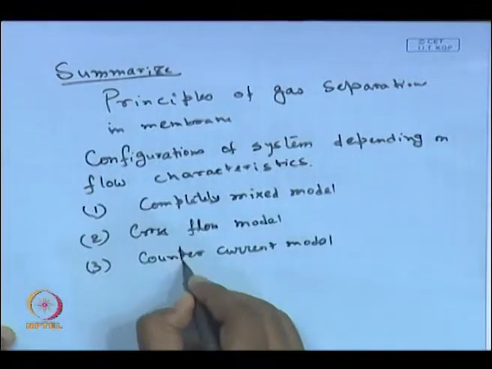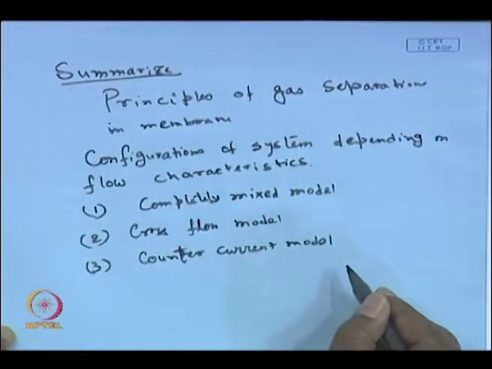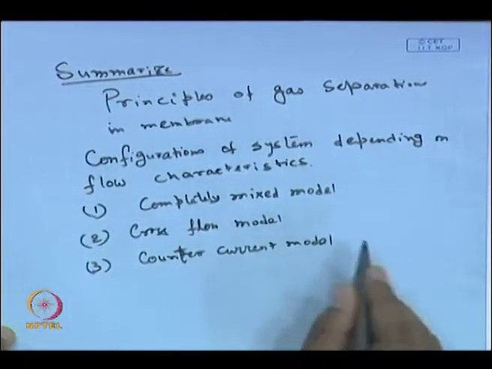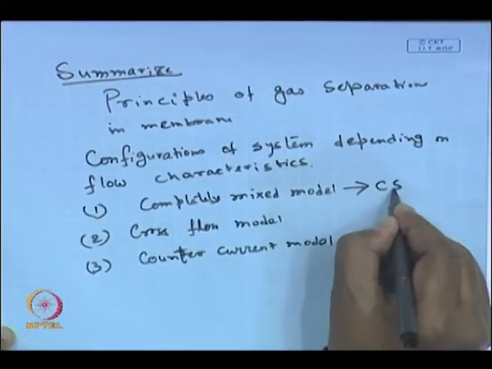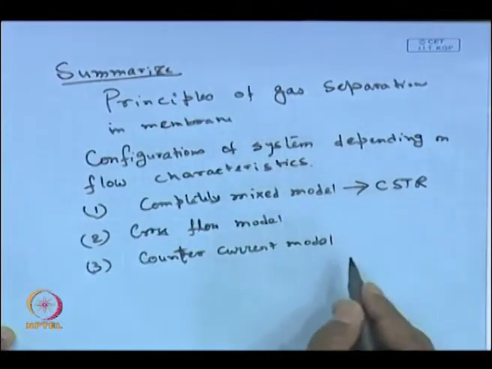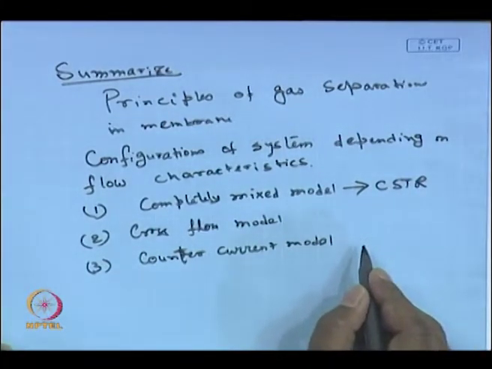So, the popular operation is the counter current configuration. Now, in the completely mixed model, the assumption is that it is like a CSTR. That means, the solutes are completely mixed in the permeate stream and completely mixed in the feed stream. So, therefore, there is no profile of solute concentration in the feed chamber or in the permeate chamber. They are uniform throughout the volume.